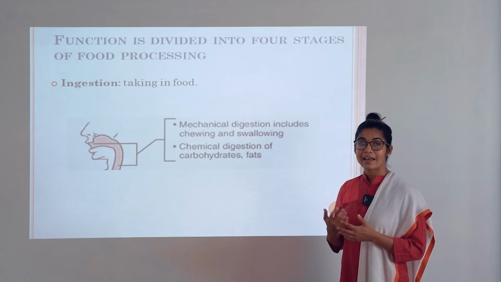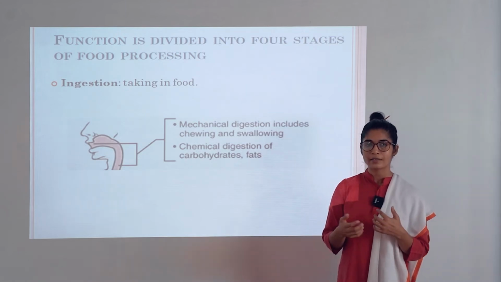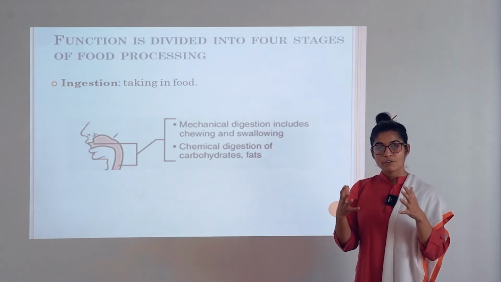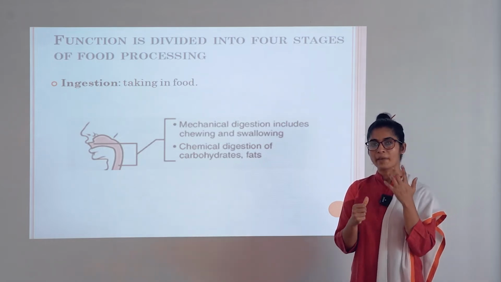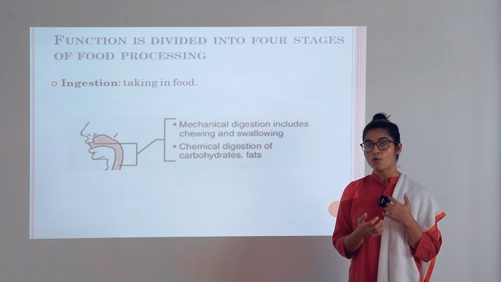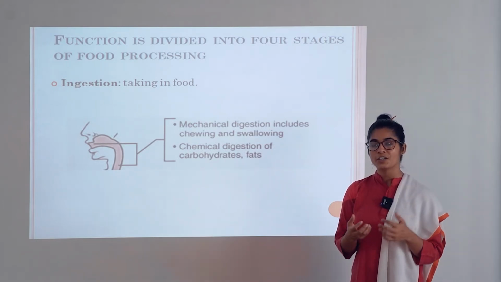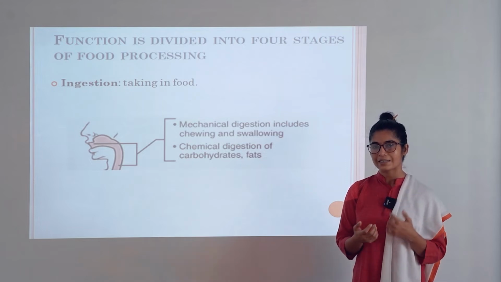Then there is the salivary gland, which secretes amylase and saliva, which is helpful to make the food inside the mouth more lubricated, so that the mouth can chew it nicely and well.